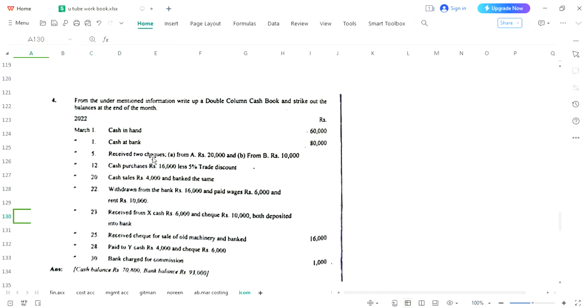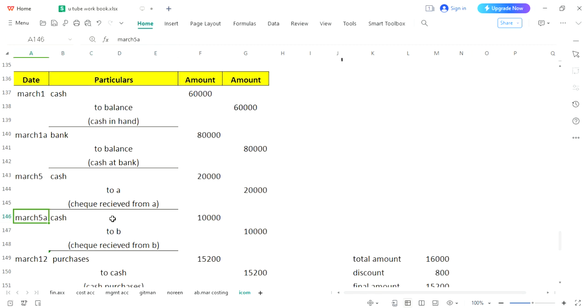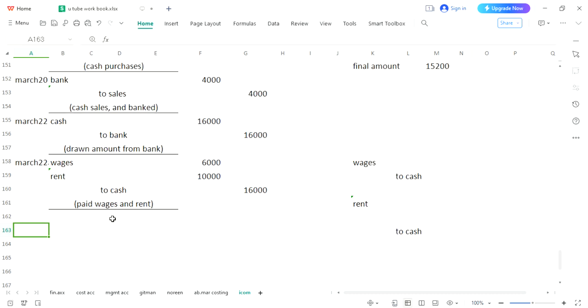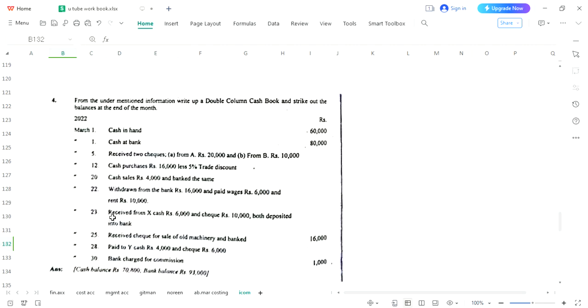Now, after 22, we have 23, and that is March 23rd entry. Let's see what it is saying. Received cash 6,000, check 10,000, both deposited into the bank. Again, we can divide this entry into two parts, but instead of that, let's make this entry in a single journal position.